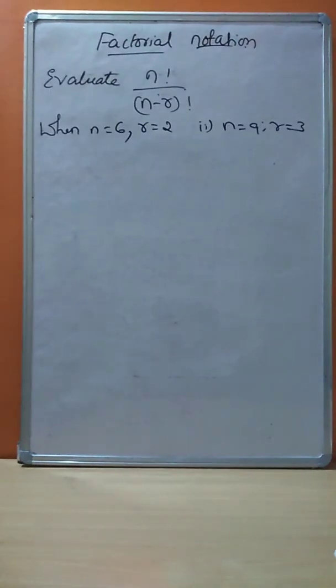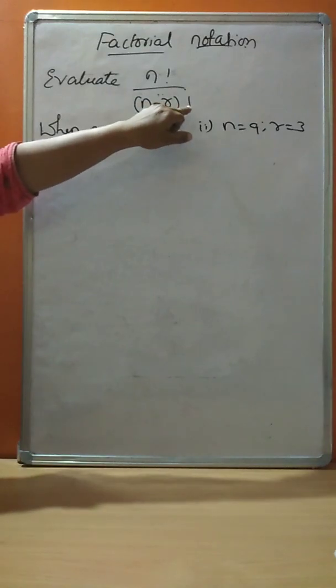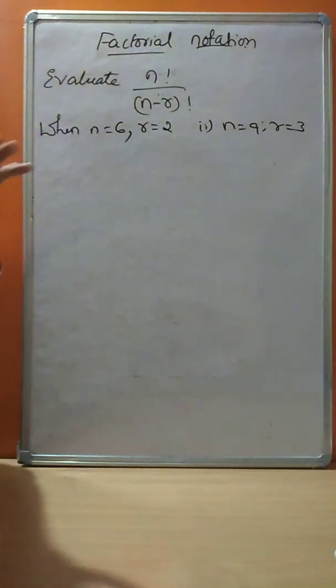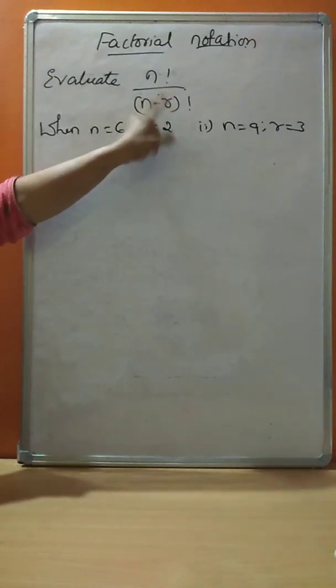Next problem. Evaluate n factorial divided by n minus r factorial. In the previous problem he had given the numbers, like 8 factorial divided by 6 factorial into 2 factorial. But here he has given n factorial divided by n minus r factorial.